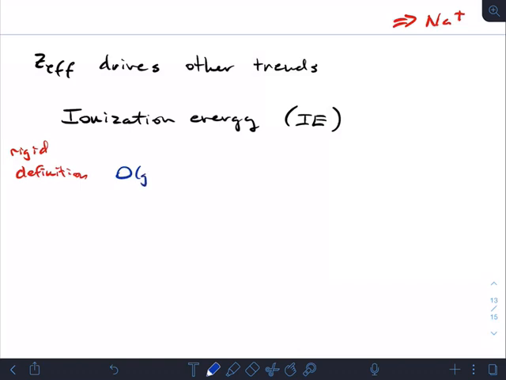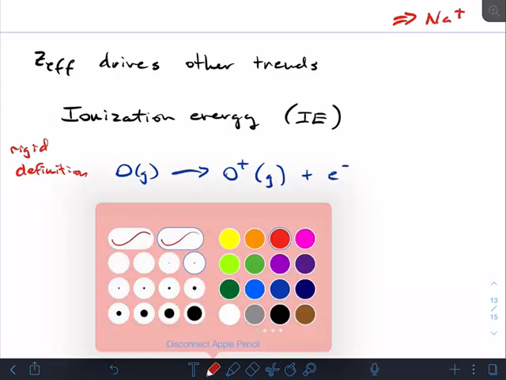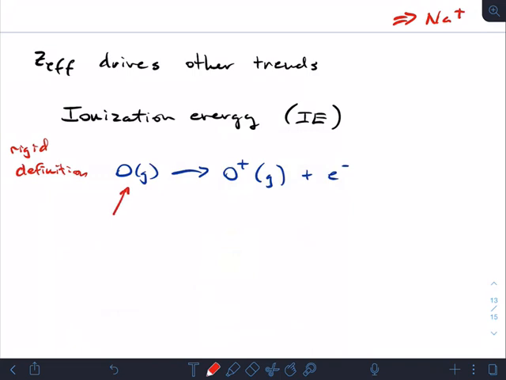And we always write the definition of ionization the same way. So if I'm going to do, for example, oxygen gas losing an electron, this is a weird example because oxygen doesn't really do that, but this is the rigid definition. And another aspect of the definition is that this is always a gas phase.